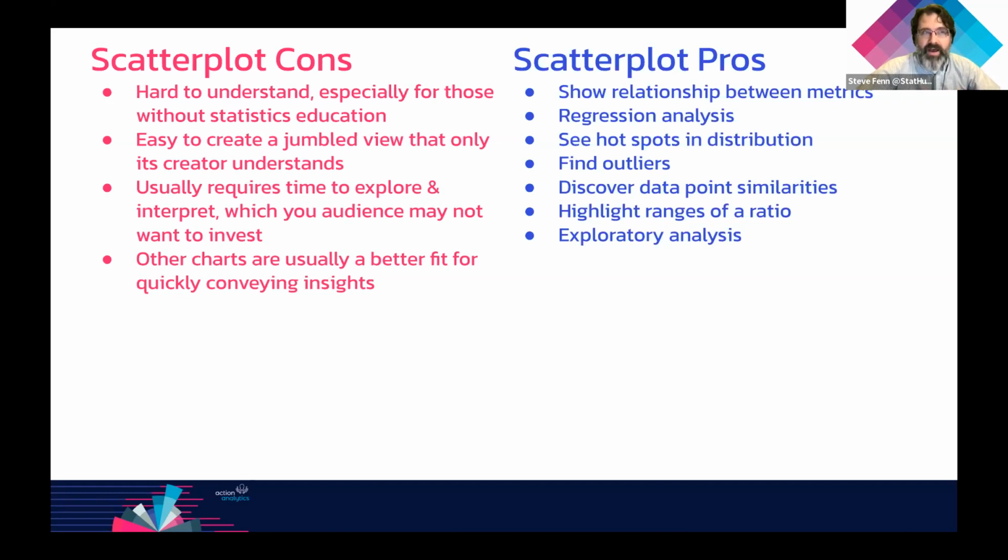We understand p-values and the weaknesses of trying to interpret them. But you put a best fit line in front of someone that hasn't been taking those courses or doesn't live in data, and it's not going to be very helpful. It's really easy in a scatter plot to have a mishmash of a lot of data points that maybe you understand, but you haven't conveyed the context to the audience.